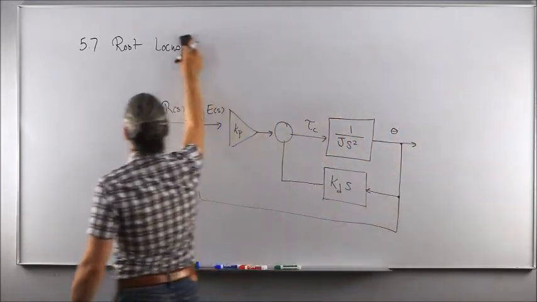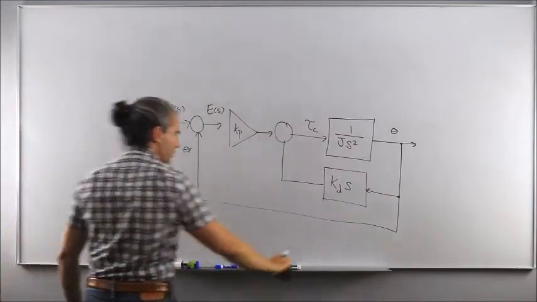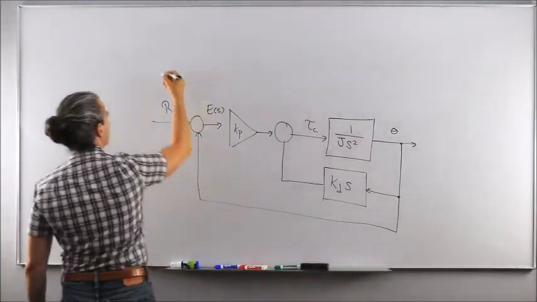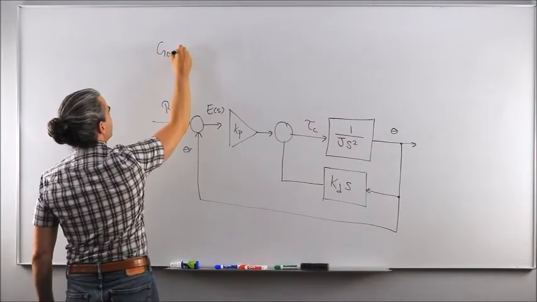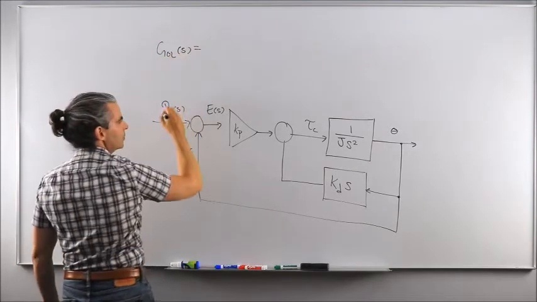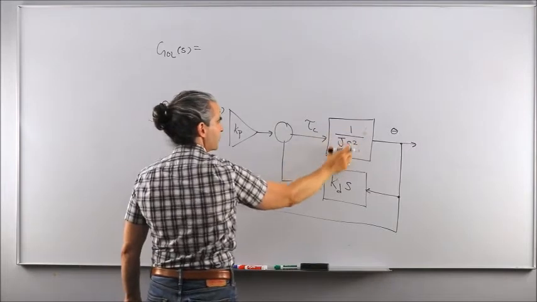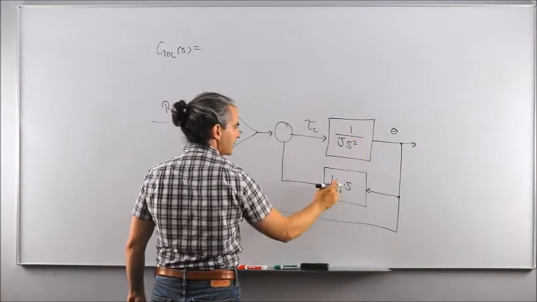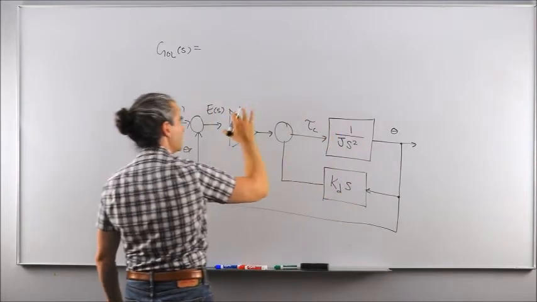So the first thing we'll do here is to come up with the open loop transfer function. Because we've done that a couple of times already, I remember it off the top of my head. This open loop transfer function will be 1 over Js squared plus Kds, and all this times Kp.